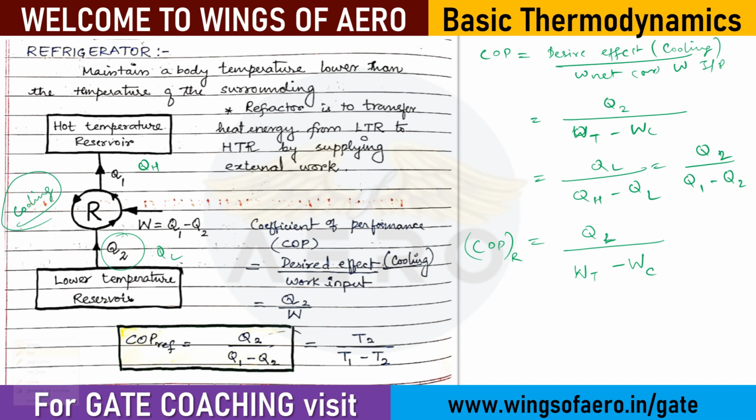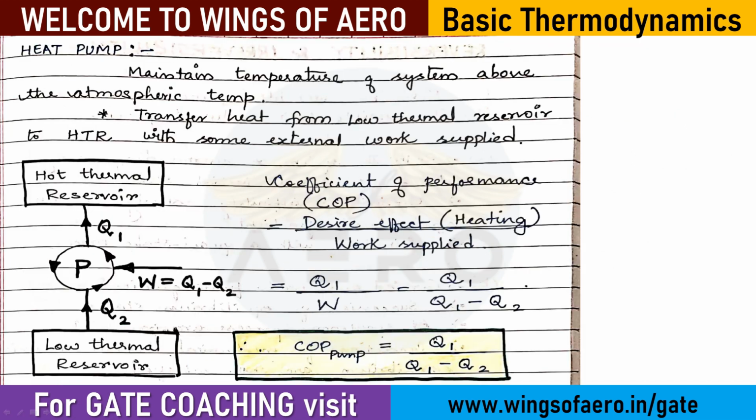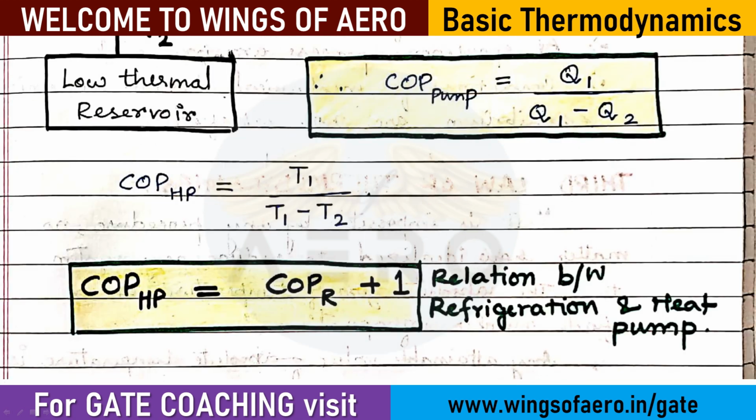Now there is a combination we can make between this heat pump as well as the refrigerator. There is a relation. Okay, this is a relation, that is COP of HP, HP means heat pump, and this is the refrigerator.